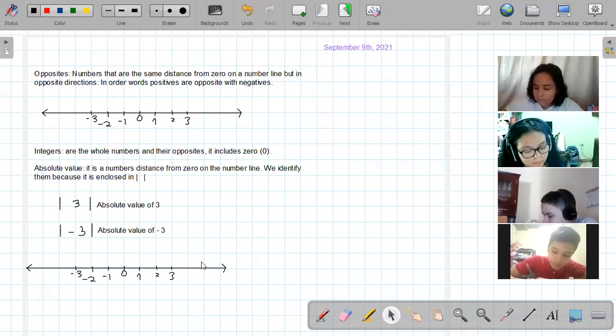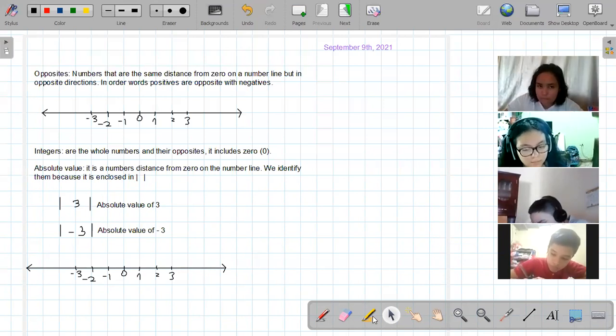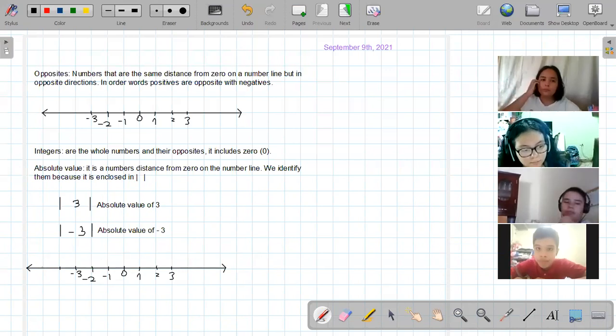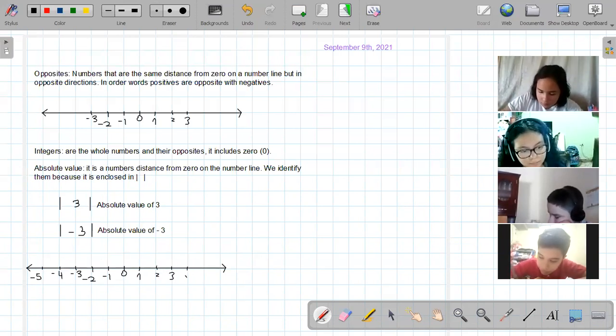And every centimeter will be a separation between one number and the other. Let's say I'm going to add -4 and -5, and also on the other side, +4 and +5.